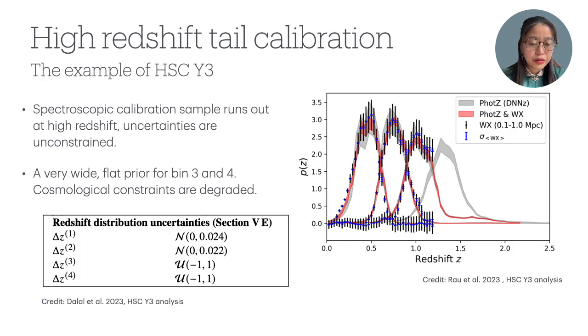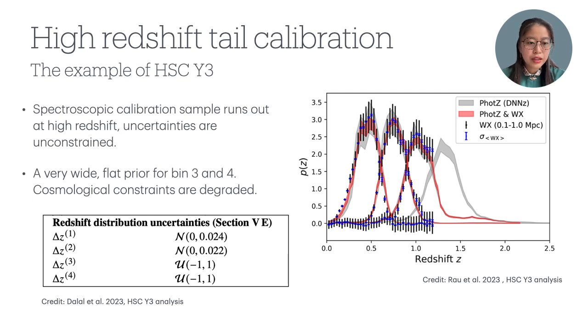This is a very useful method, but there is a problem in the sense that you need a calibration sample to perform this analysis, and typically at high redshift they run out. This is an example from the HSC Year 3 analysis, and you can see that the top 2 tomographic bins are only partially or completely not covered by any spectroscopic sample.